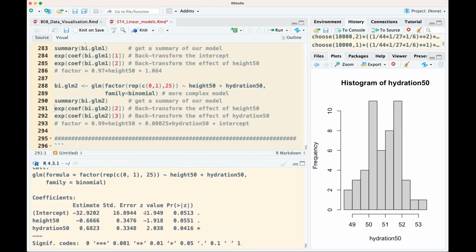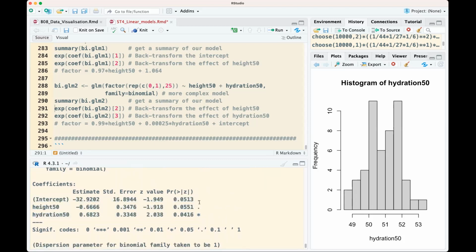But this does indicate that if we change our data set, we can identify different features of our model that can impact the outcomes that are of interest. And here's an example where you can see somewhat small effects from each of them, and that might be something then to further explore with models that are different from the binomial one. Okay, we'll talk more about this in the class itself.